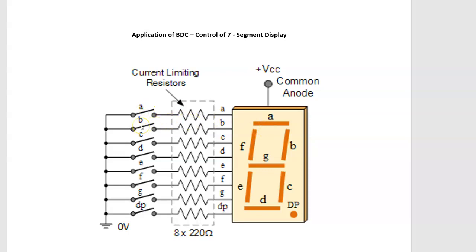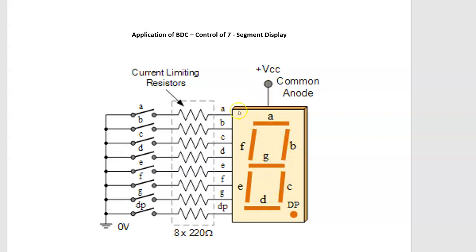So if I close switch A, segment A is going to light. If I close switch B, segment B is going to light. So I have a choice. I can control which LED lights up. Think about this. If I close A, B, C, D, E, and F, that's going to make the symbol 0. If I close A, B, G, F, C, and maybe D, that'll make a 9.